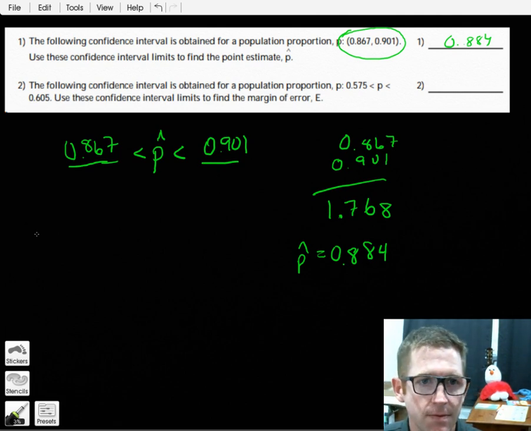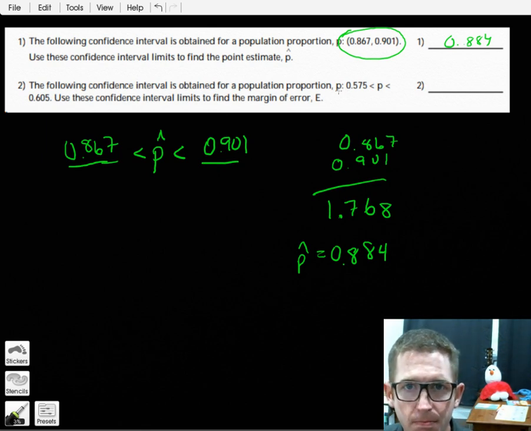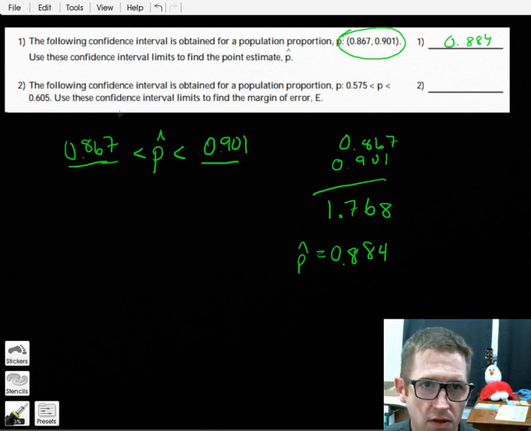Okay, next, number 2. The following confidence interval is obtained for population proportion P: 0.575 is less than P is less than 0.605. Use the confidence interval's limits to determine the margin of error.